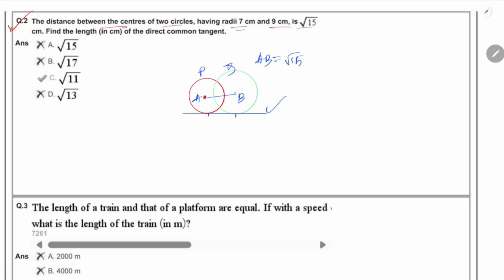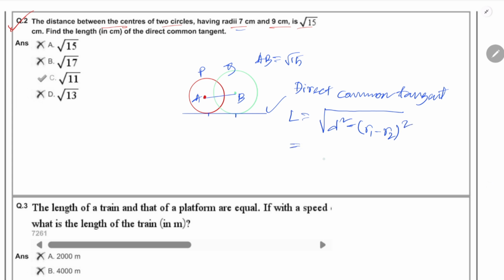So the formula to find the direct common tangent length L is equal to the square root of the distance between the two centers of the circles squared, minus R1, the radius of the first circle, minus the radius of the second circle, whole squared. So this is root 15 whole squared minus R1 minus R2, that is 2, whole squared.